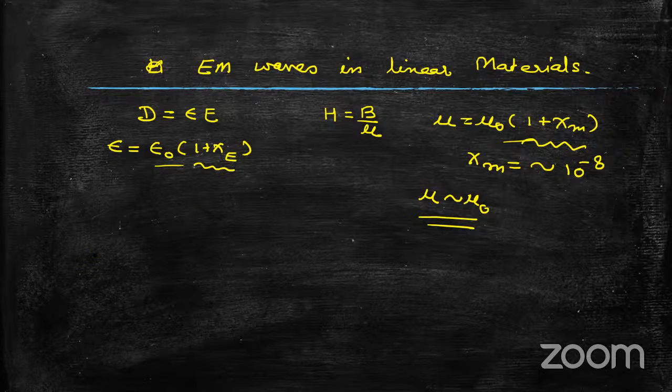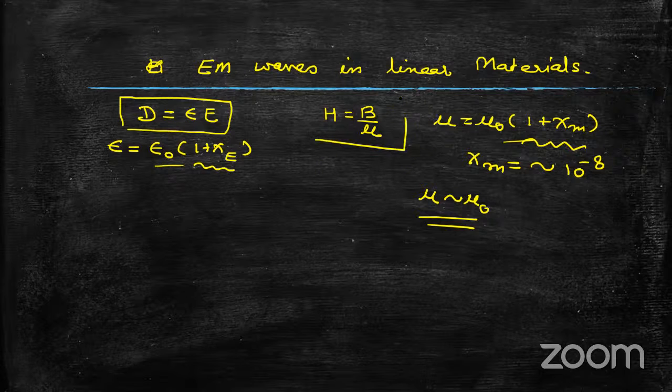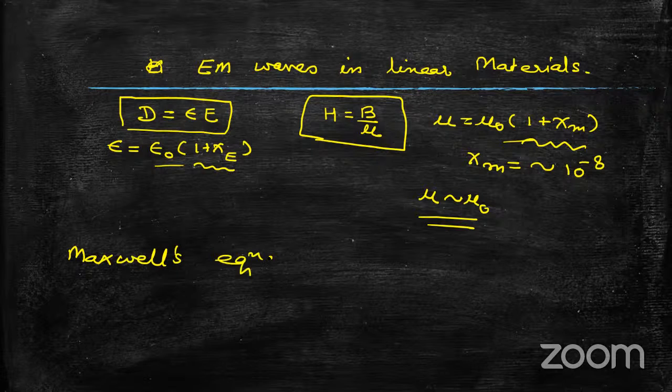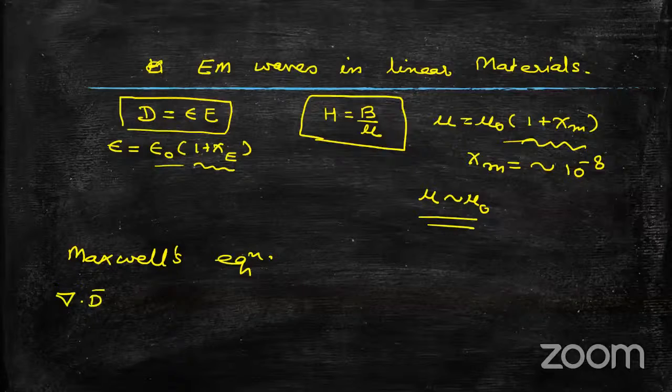Now, what will be the equations for EM waves in linear materials? We'll have Maxwell's equations. What are Maxwell's equations? Say we don't have free charge and free current, then we'll have del dot D equal to 0, del dot B equal to 0.